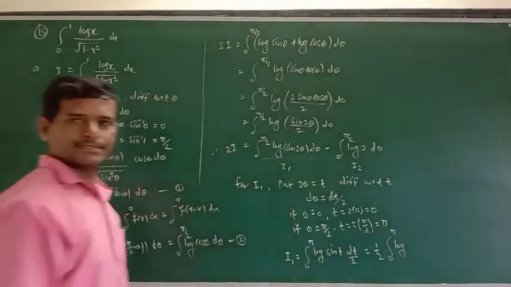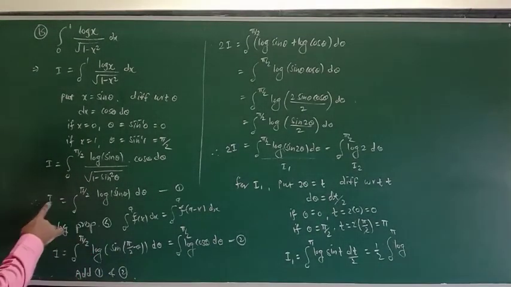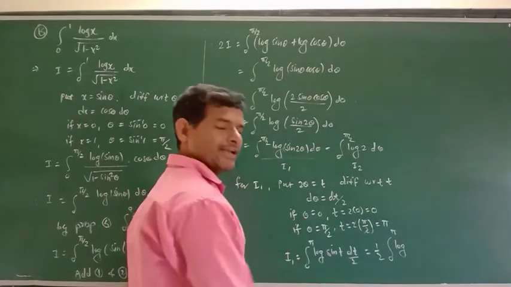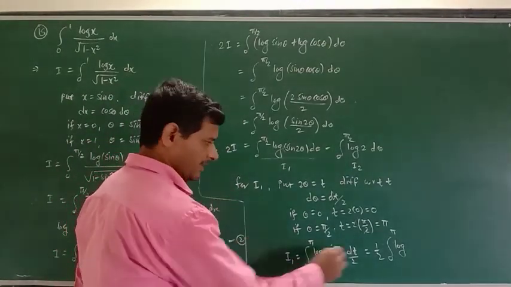So it is equal to 1/2 times the integral from 0 to pi of log of sin t dt. If I replace t by theta again, I am getting the value of the original integral I, from 0 to pi by 2 of log of sin theta d theta, because the value of a definite integral does not depend upon the variable involved.